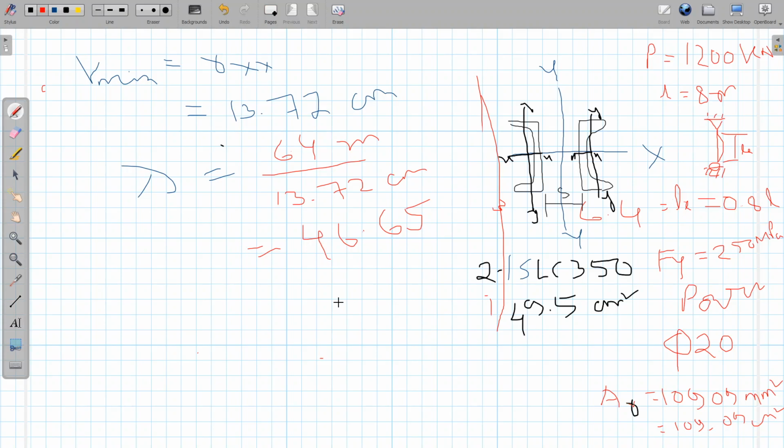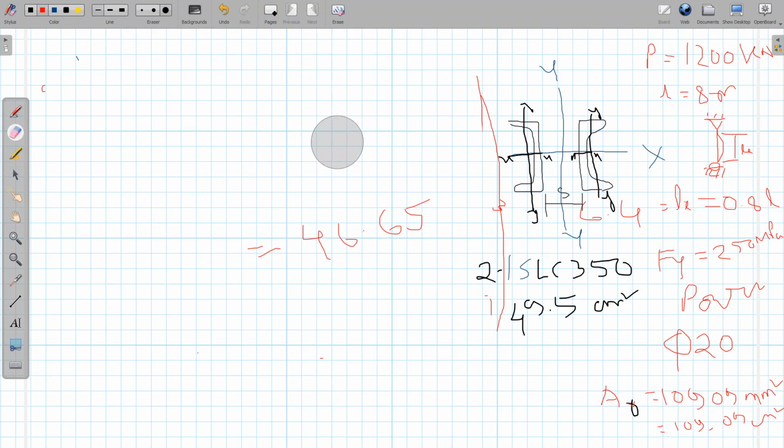Now again we have to go to the steel table, IS code 800-1984, and find out the sigma SC value. If you go to the code book, you will find the different values of lambda. We have lambda value 40 and lambda value 50. For lambda 40, the corresponding value we wrote earlier is 139, and for 50 it is 132.